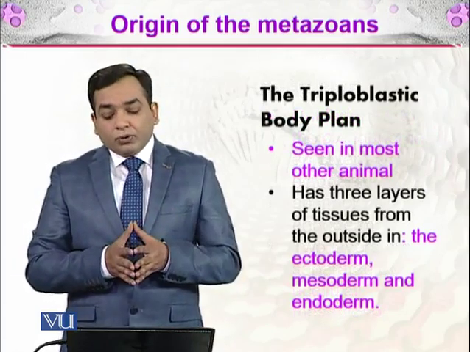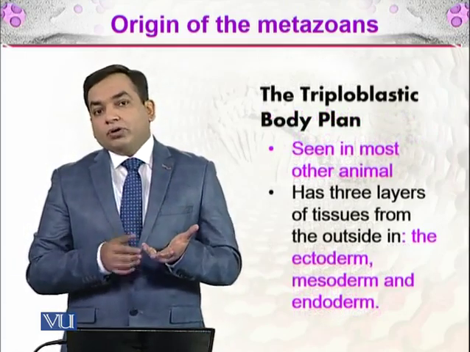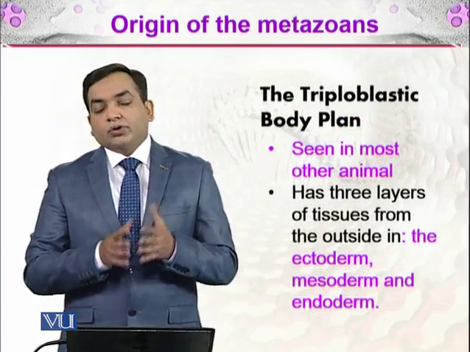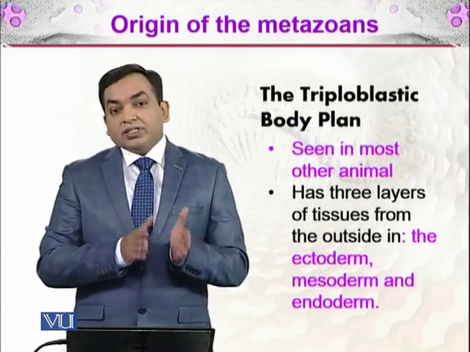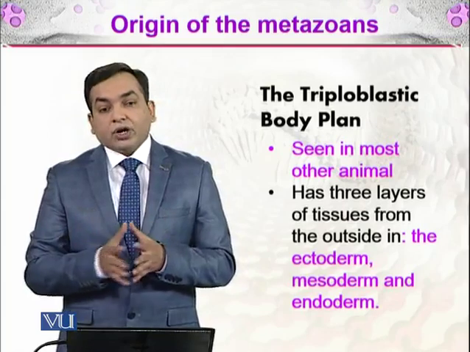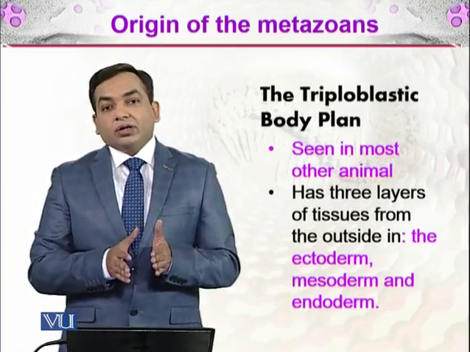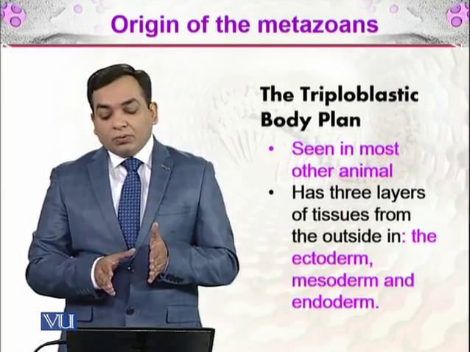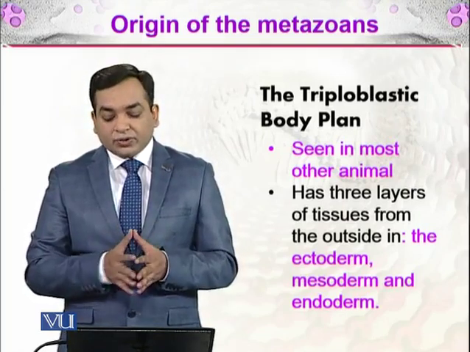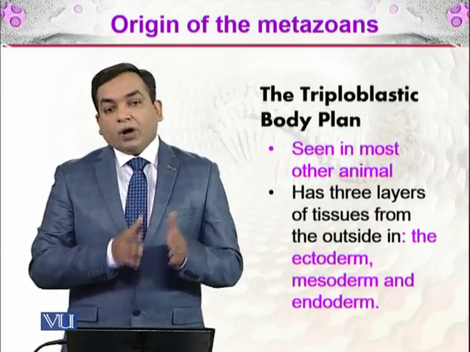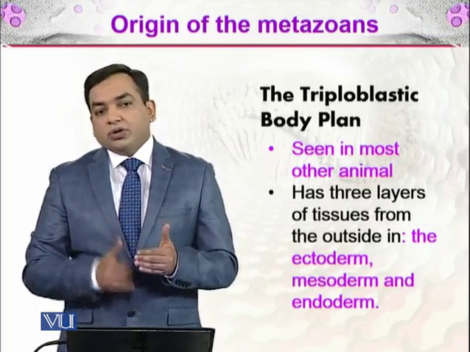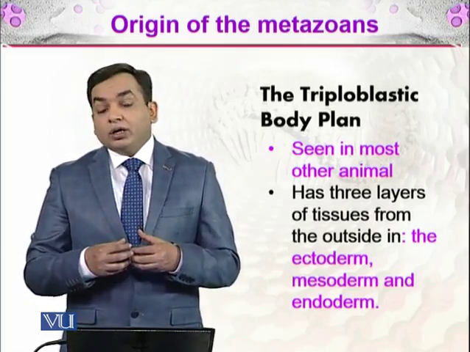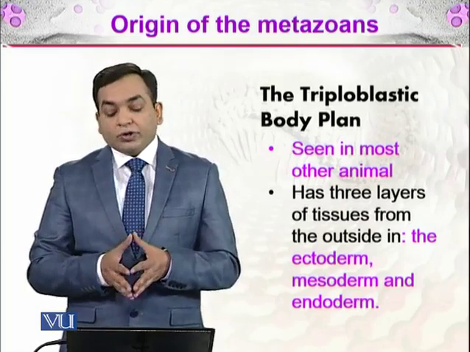Then there comes the triploblastic body plan, triplo, three, right? Triploblast means three blastoderm layers are present, and these make a triploblastic body plan. It is seen in most other animals, and it has three layers of tissues. From outside to in, these are ectoderm, mesoderm, and endoderm. We humans are also triploblastic.